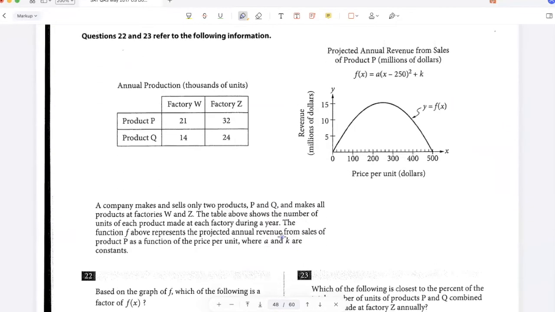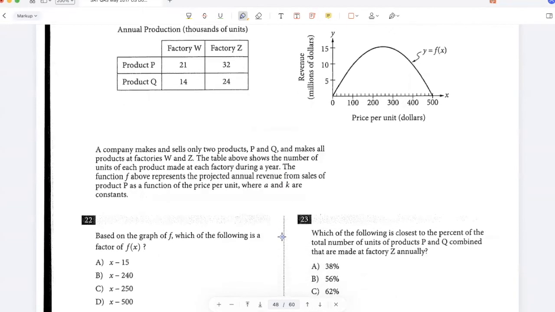A company makes and sells only two products, P and Q, and makes all products at factories W and Z. The table above shows the number of units of each product made at each factory during a year. The function f above represents the projected annual revenue from sales of product P as a function of price per unit, where A and K are constants.